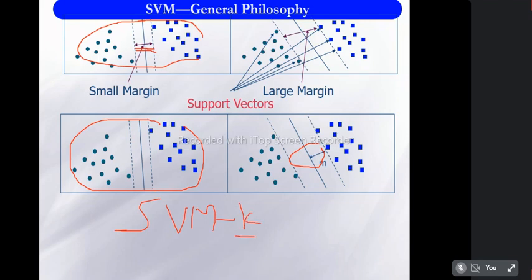This kernel is used for mapping this into another matrix form. This is the new matrix. It helps for transposing a nonlinear data set into linear format. That will be easier for classification. That is called SVM.